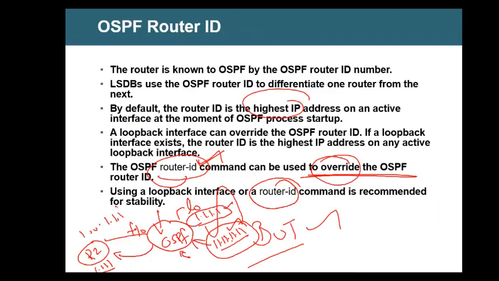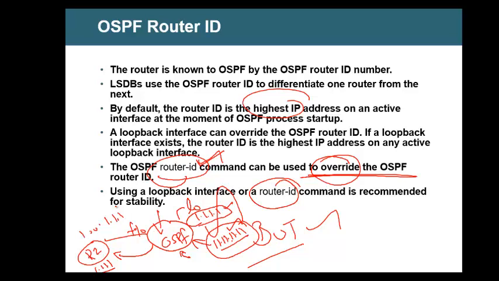What if I have more than one loopback interface? It compares the IP addresses and the highest IP address of the loopback interfaces will be used. What if I don't have a loopback interface nor a router ID configured manually? Then it is going to use the active physical interface IP address. If there is more than one physical interface, then the highest IP address from the physical interfaces.